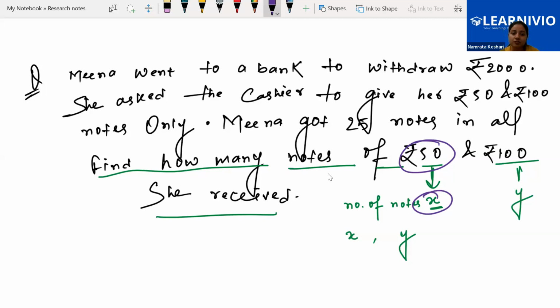Yes, ma'am. Plus more amount we are having: Y notes, which are of denomination 100. So plus Y into 100 is equal to the total amount which we were getting.